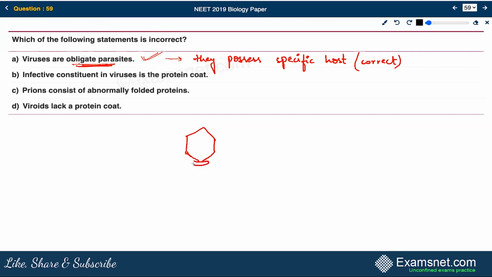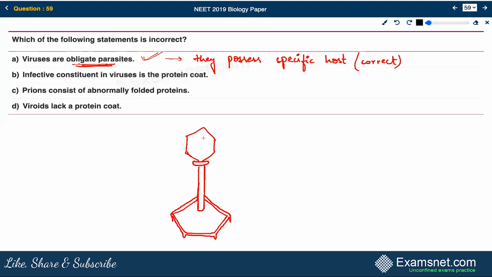They have a body structure like this, an overview that I'm drawing.